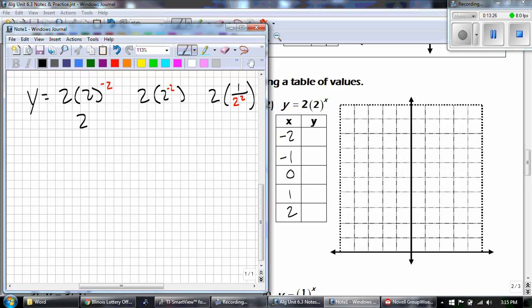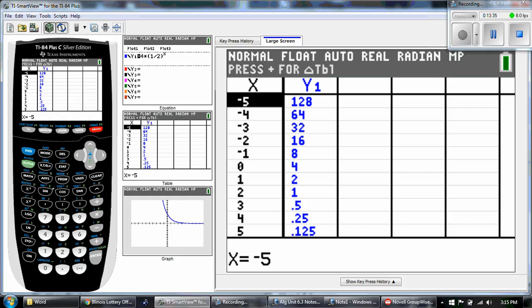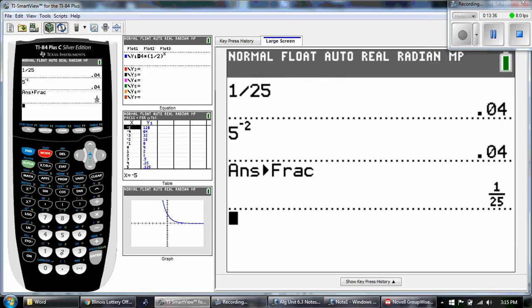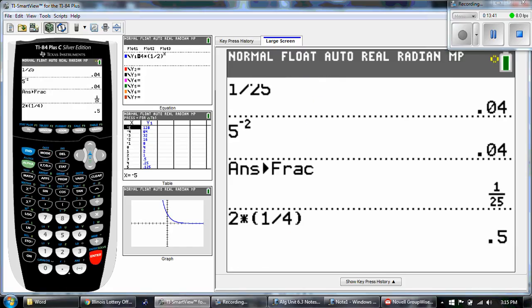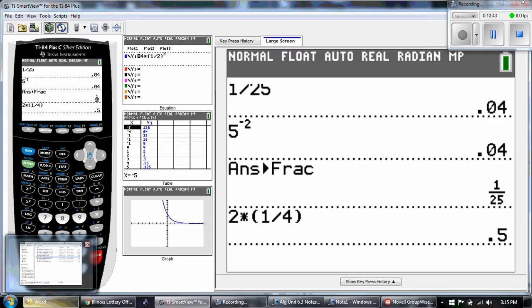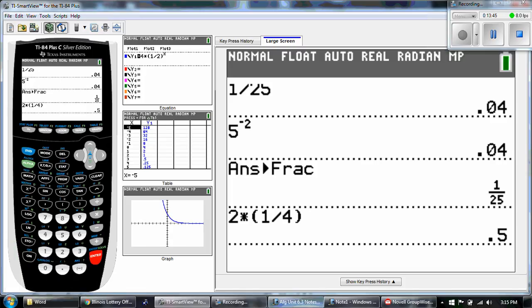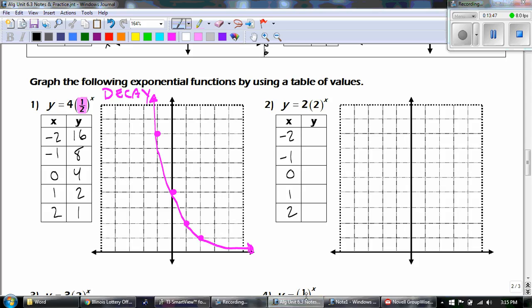And then I would have 2 times 1/4, and then I would have to figure out what 2 times 1/4 is. I'm just going to quit this. 2 times 1/4, and I get 0.5. Okay? And if you want the fraction, know that that is 1/2 or 0.5.